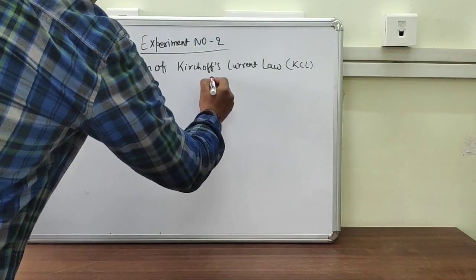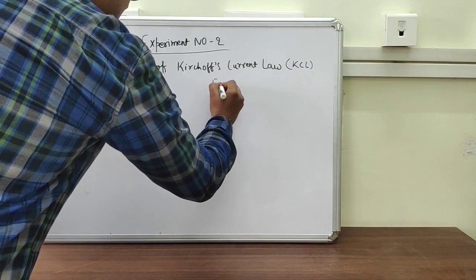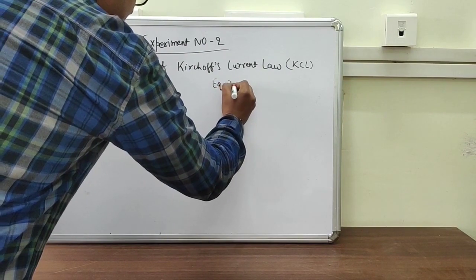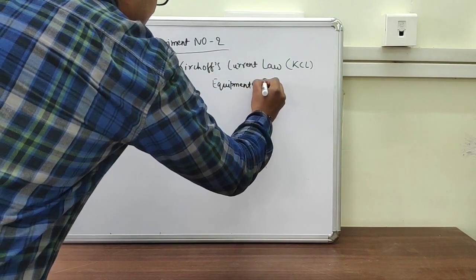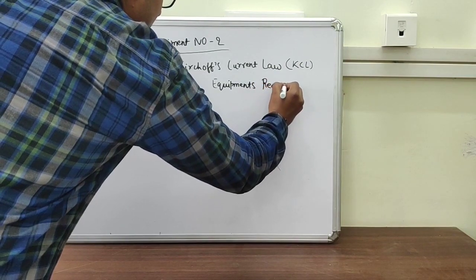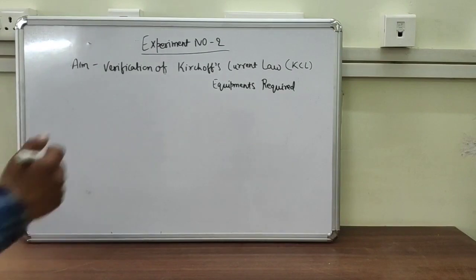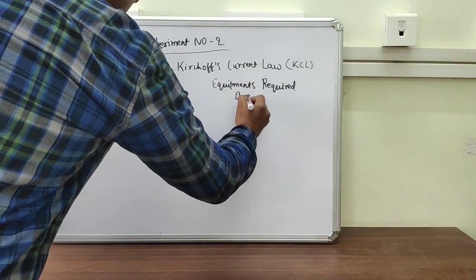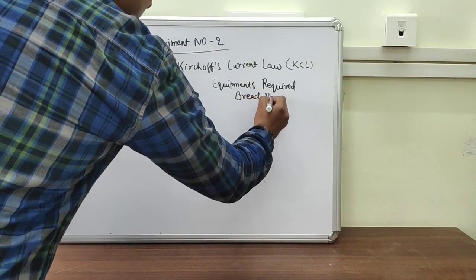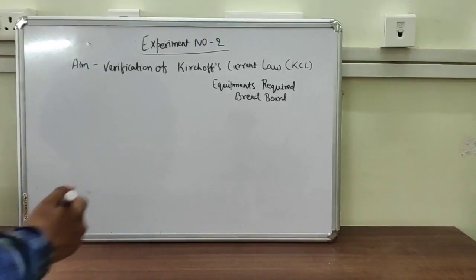So here I am going to write the equipments required. I am going to include all the equipment and components here. The first thing required is our breadboard, in which we are going to draw our circuit.